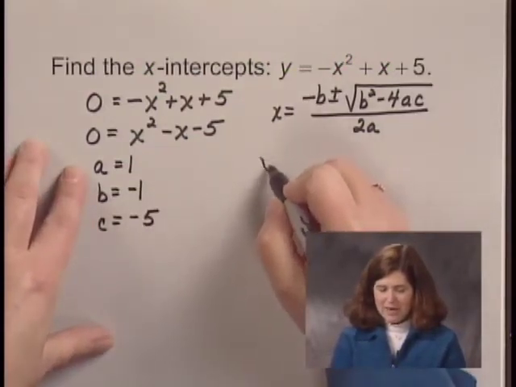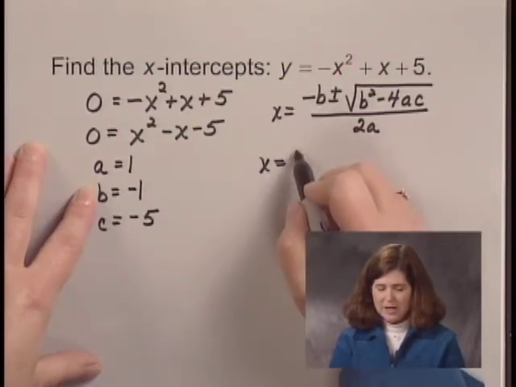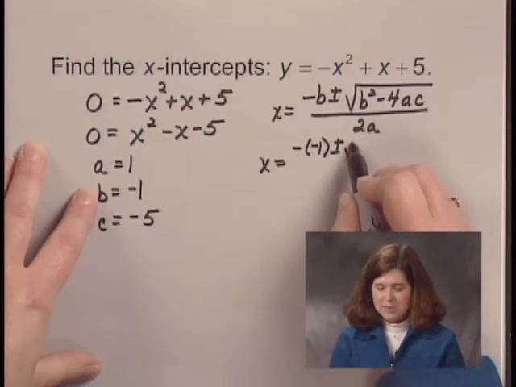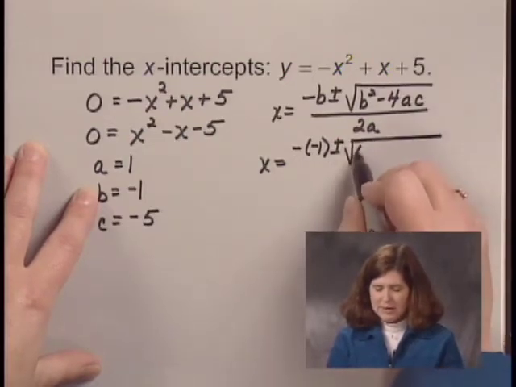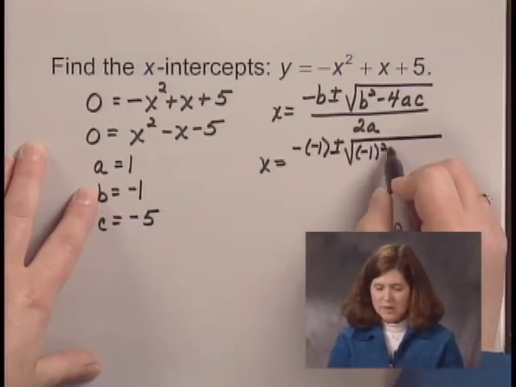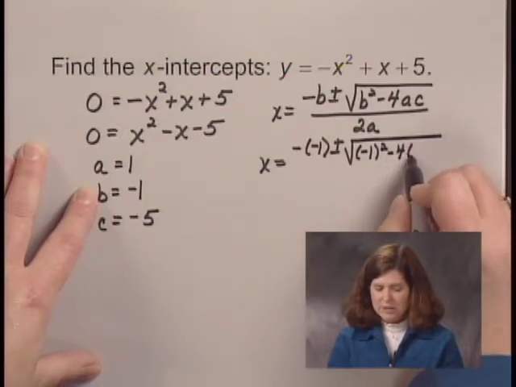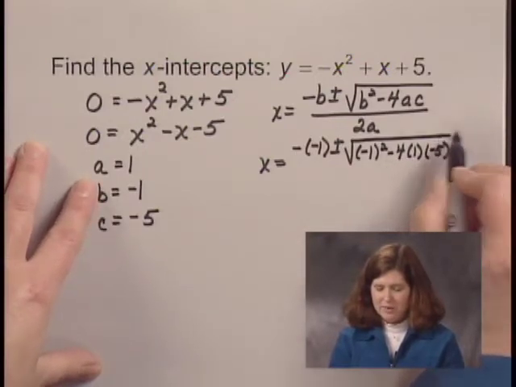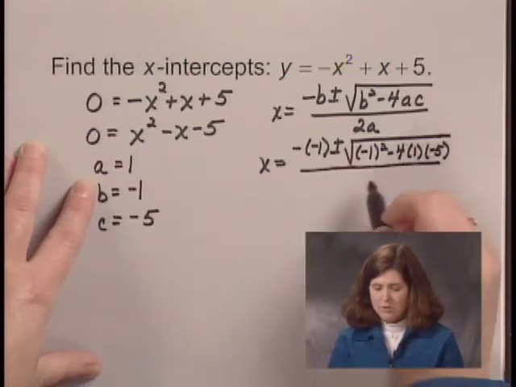Substituting, I have x equals the opposite of -1 plus or minus the square root of -1 squared minus 4 times 1 times -5 all over 2a.